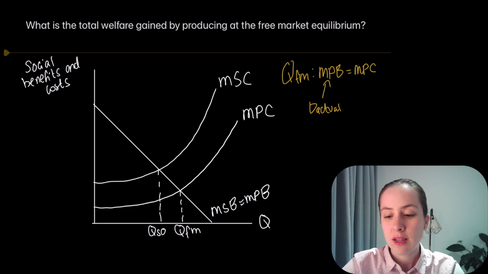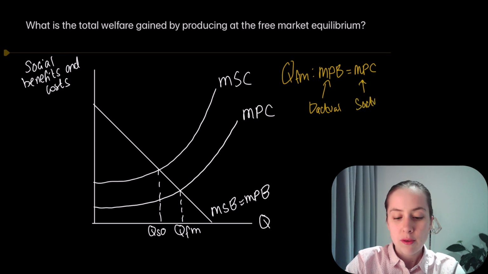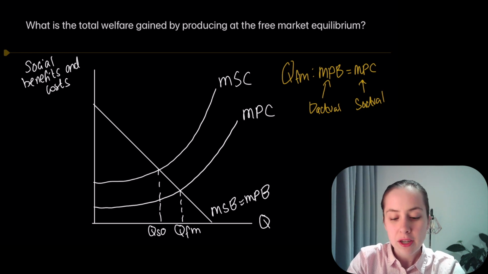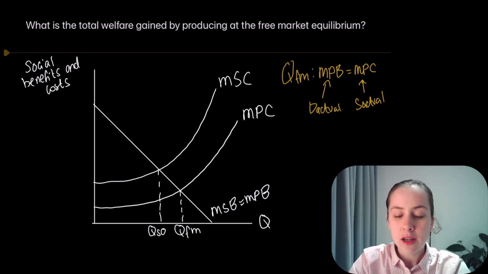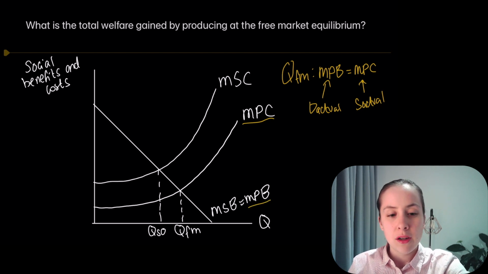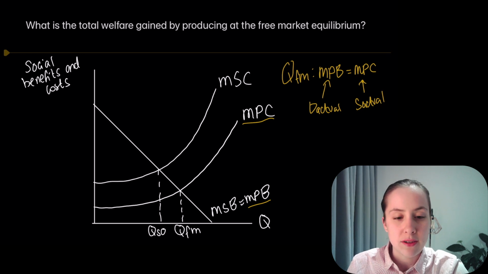So this is like the actual supply, the MPC. So the free market equilibrium, I've added that already, is at QFM, and you can see that's the intersection of the MPC and the MPB. I didn't want to focus on that for this question, so I'm just putting that as a side note.